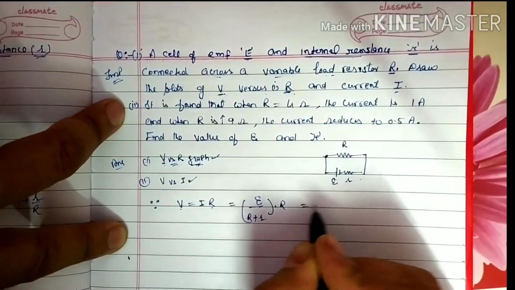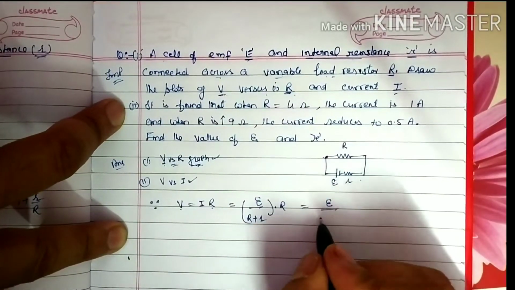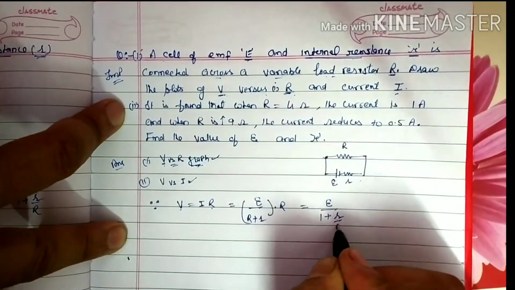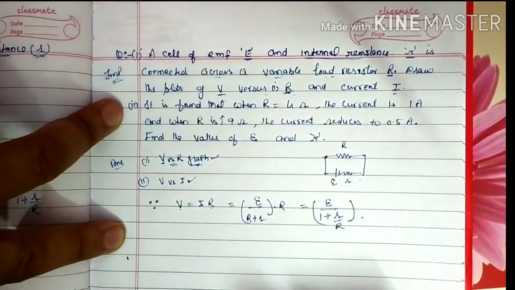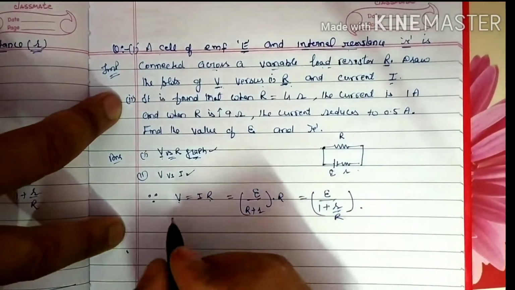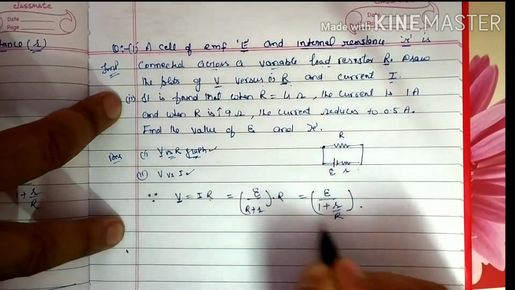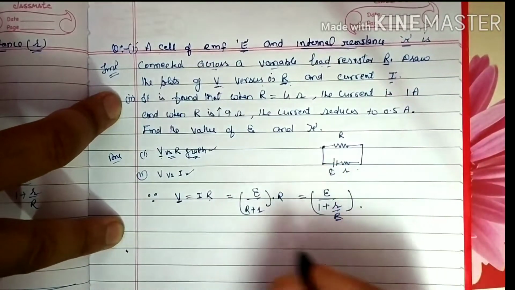So V is equal to E into R over R plus r, which we can write as E over 1 plus r over R. This is the relation between terminal potential V and resistance R.